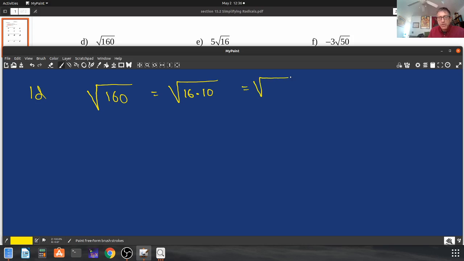So using the product rule, that's the same as the square root of 16 times the square root of 10. So that gives me 4 times the square root of 10. But we still have to ask ourselves a question: can the square root of 10 be further simplified? But 10 is equal to 2 times 5, neither of which is a power raised to an even number. So that's as far as we can go. That is simplified as far as it can be simplified.